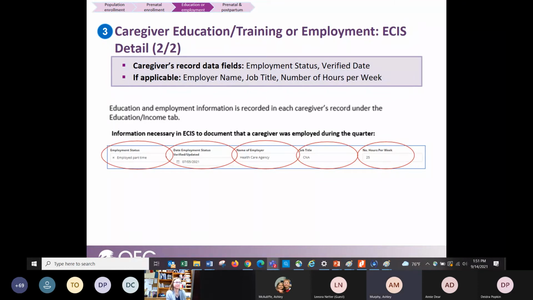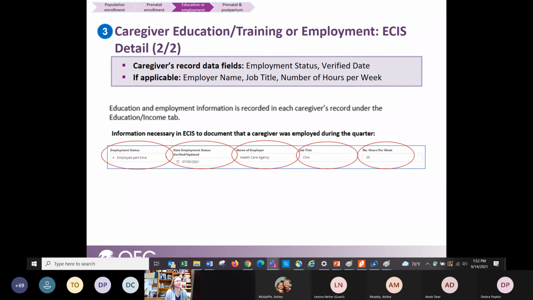Is it required to put the caregiver's employer to receive the rate card, thinking of undocumented families that do not want us sharing that information? No, and thank you for asking that, because I wanted to comment on that on this slide: you can enter very generic information in the instance where a caregiver really does not want information documented.